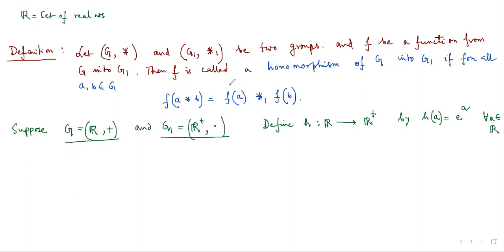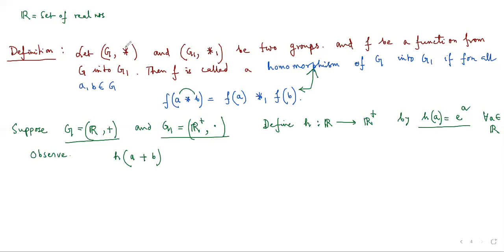Not every function will be a homomorphism. Some special functions will be homomorphisms if they satisfy the following rule. So I'm defining the function in the following manner. Now it is easy to observe that if I consider a plus b and operate h on that, here we actually used a star b, but here the operation is not star.